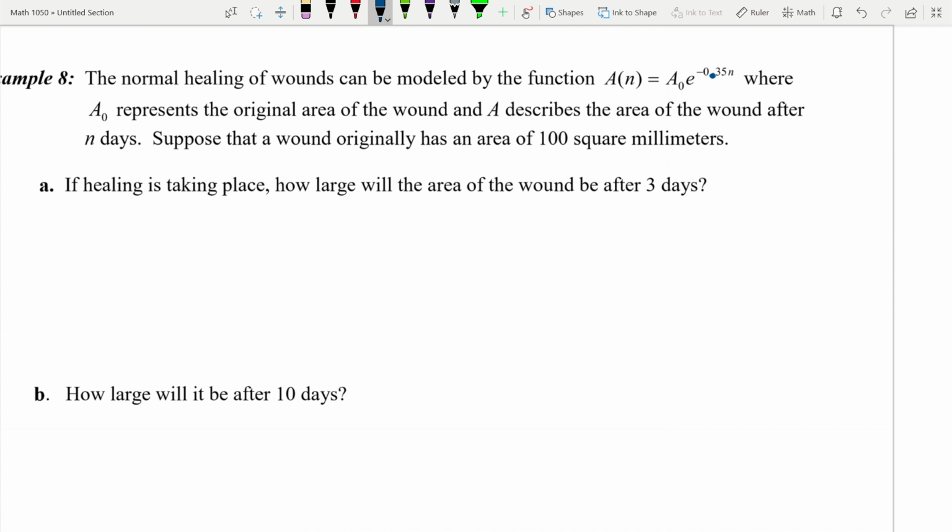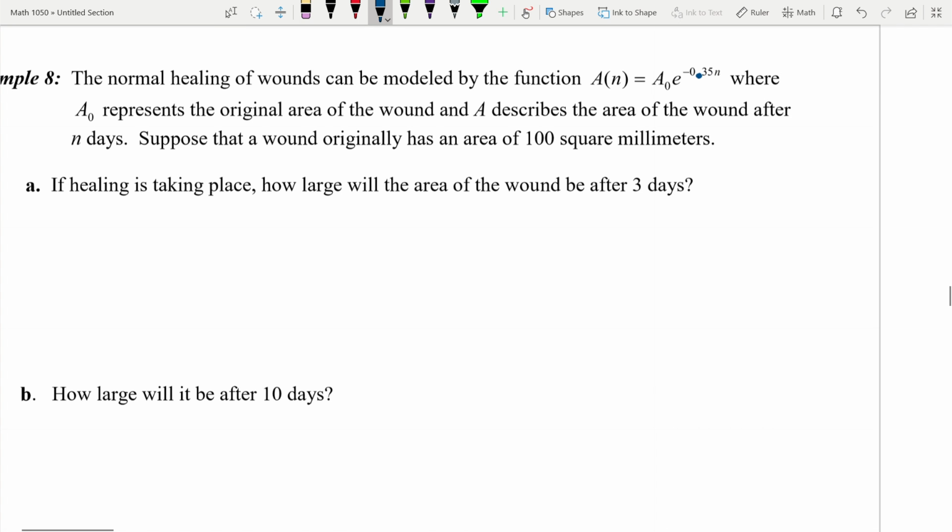The negative in the exponent, right? So you start with 100 square millimeters and then it gets smaller, smaller, smaller because our bodies are amazing and they heal themselves, okay? Everybody write down A of n is equal to 100, because that A sub 0 is the initial size, e to the negative 0.35n.